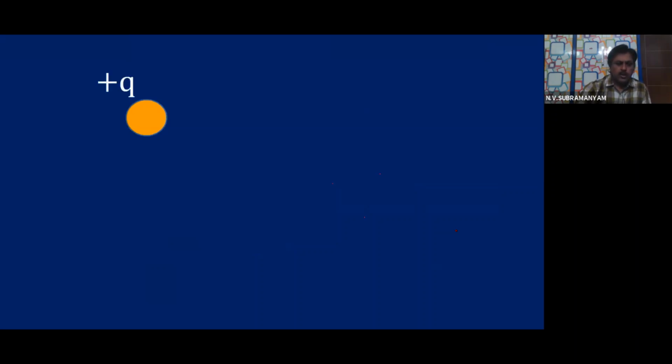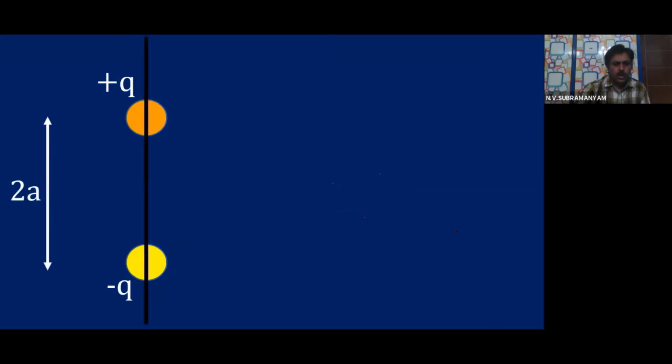So now let us see. If you see carefully, again the plus q charge and minus q charge of the dipole are separated by distance 2a. Now this is O, the center. Now I took the point on the axial line.